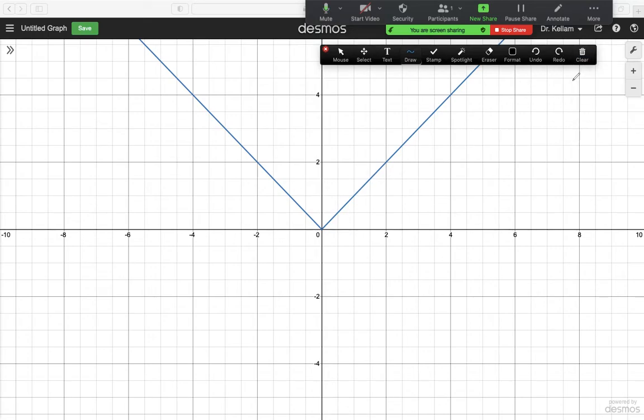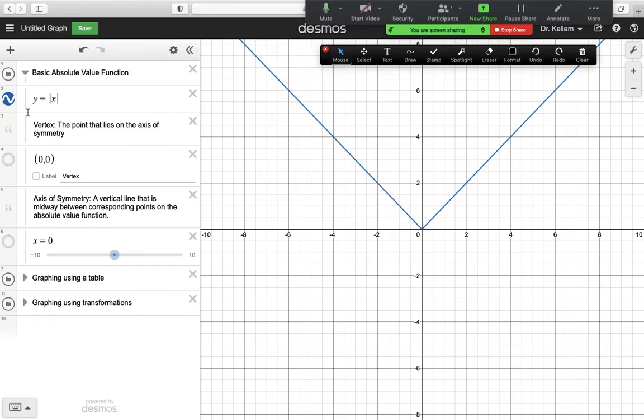Now, there are a couple of parts on this absolute value function that are important. The first one is the vertex. And the exact definition is that it's the point that lies on the axis of symmetry.